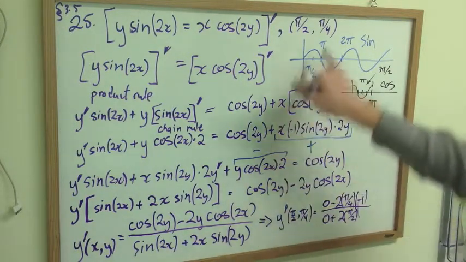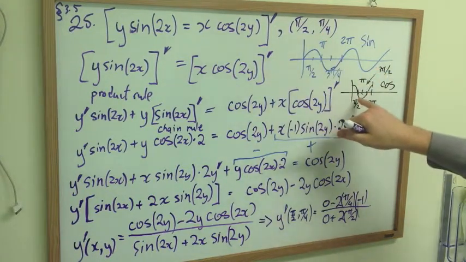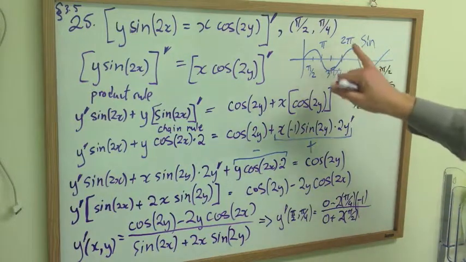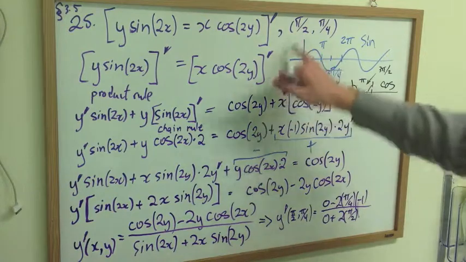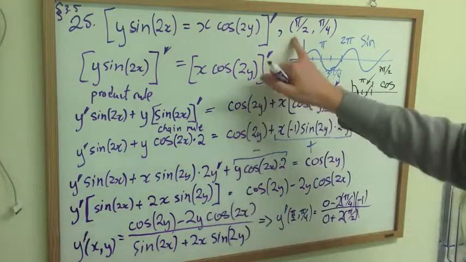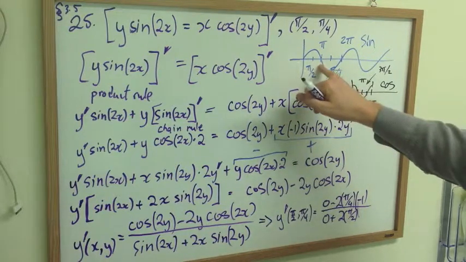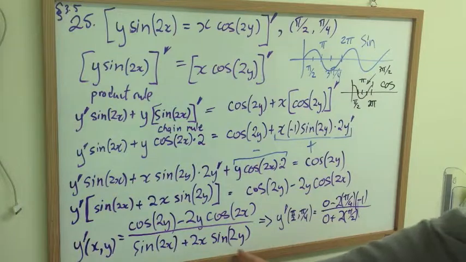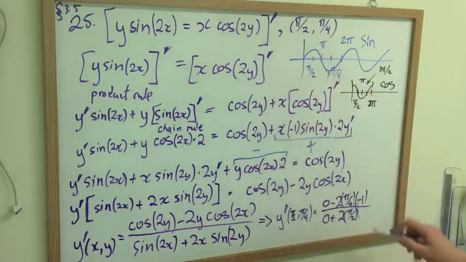Sine of 2y is sine 2 times pi over 4, which is pi over 2. Pi over 2 sine is 0. Did I make another mistake? Sine of 2x is sine of pi. Sine of pi is 0. Yes, I was looking at the cosine. That was correct. Sine of 2y is sine of pi over 2, and that is equal to 1.